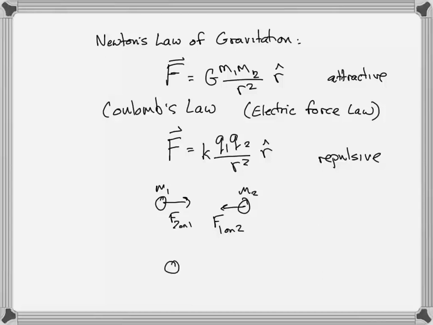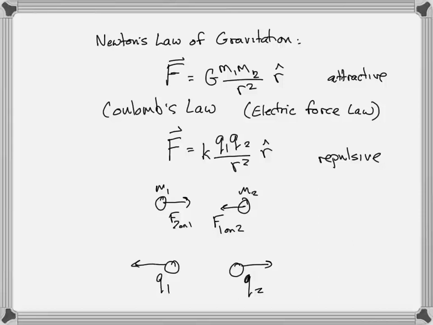Whereas with two charged objects, let's say two tennis balls with charge, I guess tennis balls can get charged, if they are positive charges, then it's going to be a repulsive force. And look at Coulomb's law.